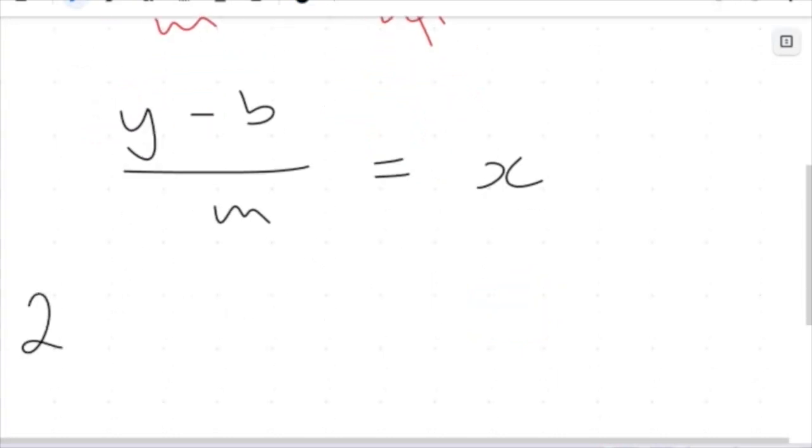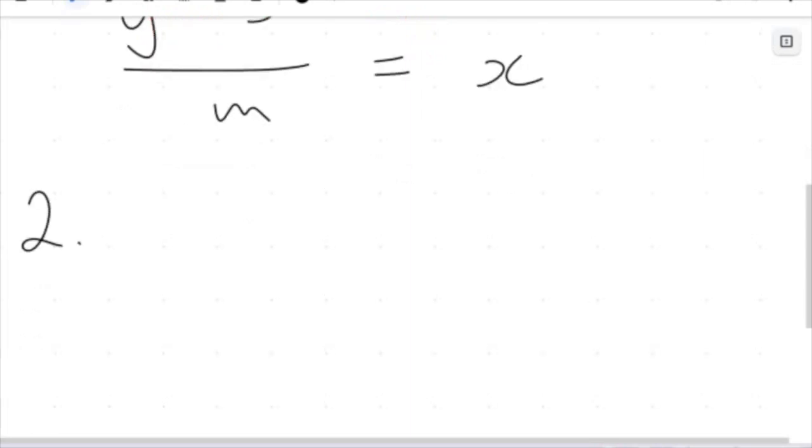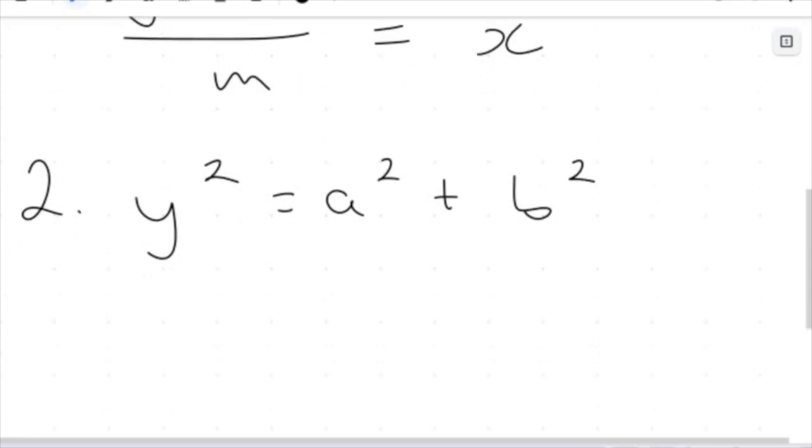Let's try one more, and then we're going to look at restricting some variables. So we have this particular equation here, y squared equals a squared plus b squared. Here we want to make a the subject of the equation. So we want to get everything on this right-hand side away from the a, and isolate it here.